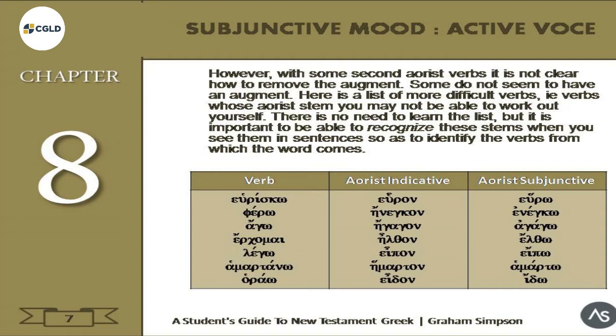The word hamartano in aorist indicative becomes hemarton, but in aorist subjunctive it becomes hamarto. The word horao in aorist indicative becomes eidon, and in aorist subjunctive it becomes ido.